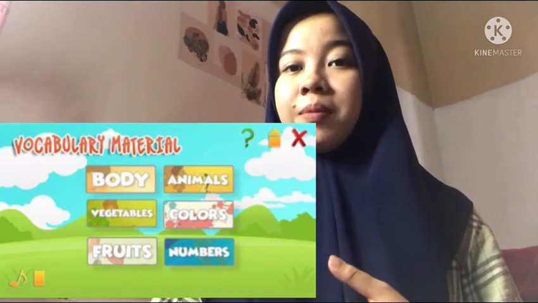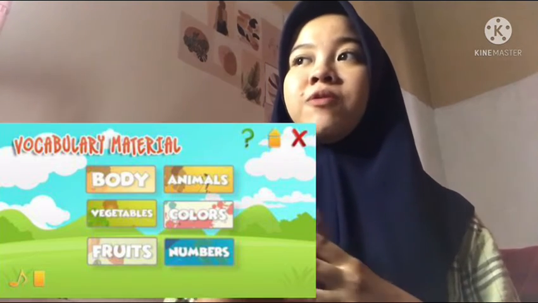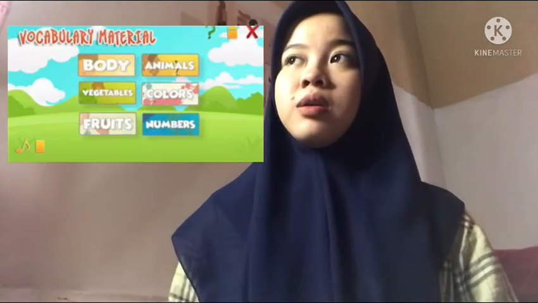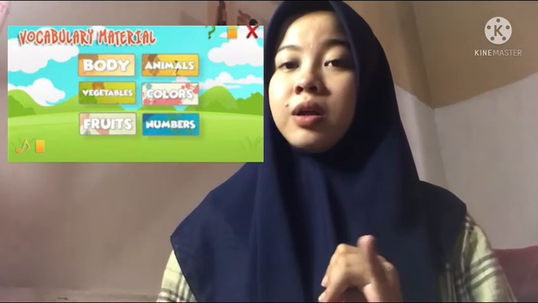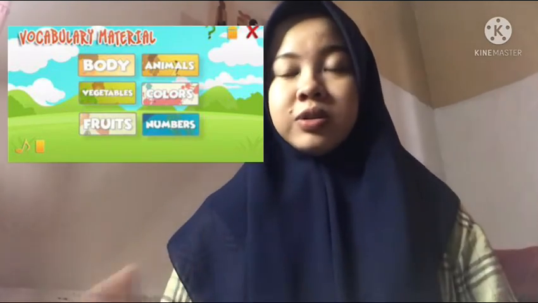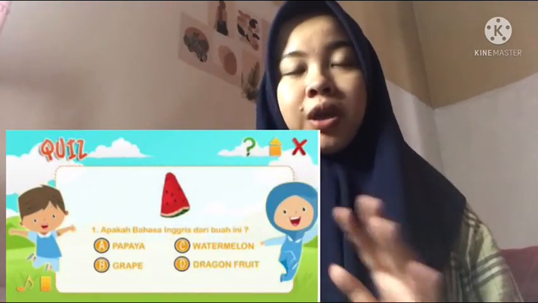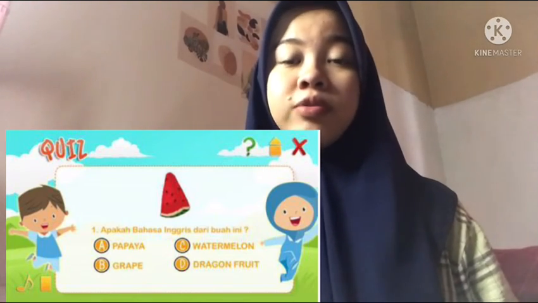On this button, the audience will be given information on six English vocabulary groups, namely body, animals, fruits, vegetables, colors, and numbers. The last, on the third button, the audience will be invited to play a quiz about English vocabulary.